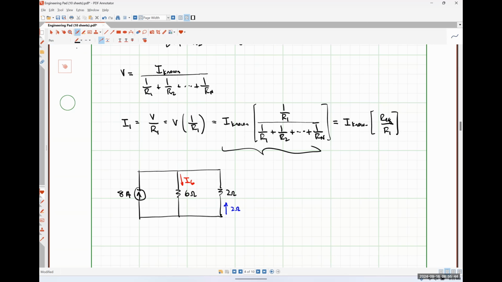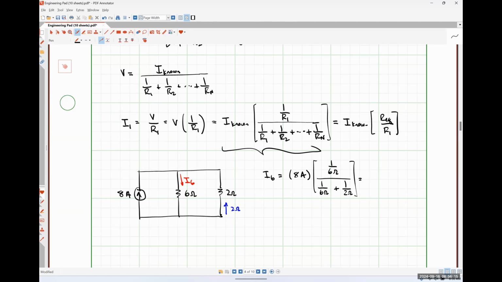So, using my equation from above, the current flowing through my 6 ohm resistor would be my known current of 8 amps times, in my numerator, 1 over 6 ohms, and in my denominator, 1 over 6 ohms plus 1 over 2 ohms. If I throw that into my calculator, I believe I should get 2 amps.